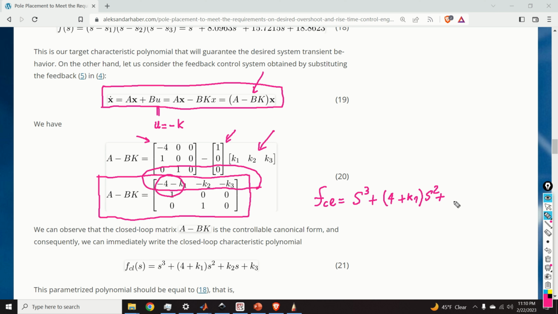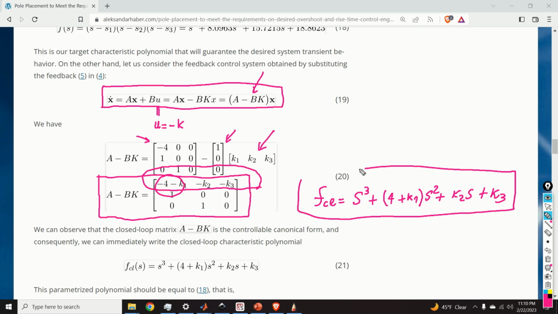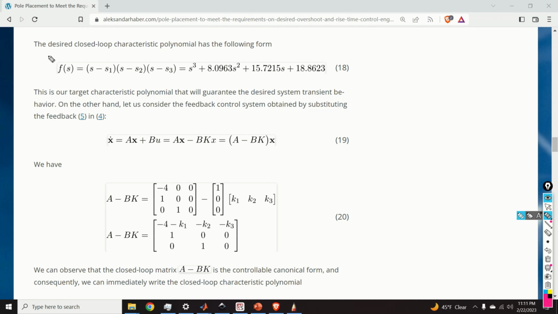Similarly, the second coefficient is minus k2, and that's k2 s, and the third coefficient is minus k3, and that's simply k3. And this is our characteristic polynomial that's being parameterized by the coefficients of the feedback control matrix. And we are almost done.